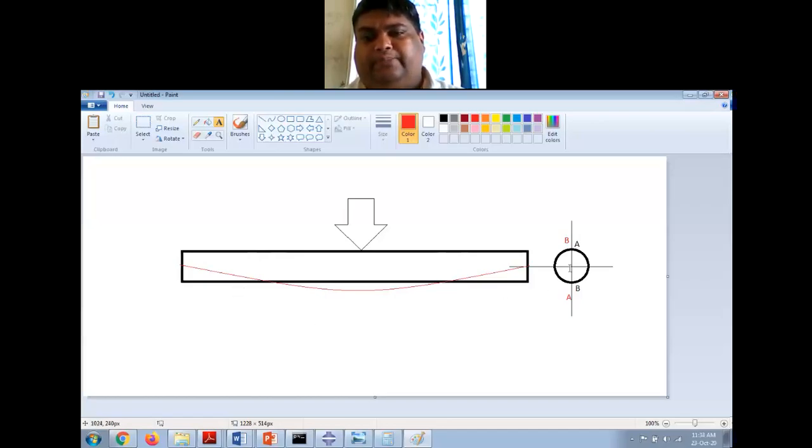So because of this, when the shaft is continuously rotating, for every half revolution the fibers are changing from compression to tension and tension to compression continuously. So because of this, the shaft will fail at a load which is very much less than the yield load of the component, right? So this type of failure is called fatigue failure, right?